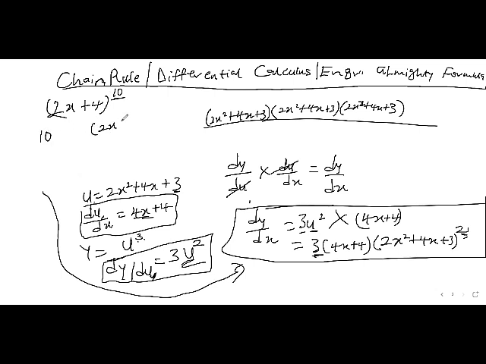Then we'll subtract 1 from the power, which will be 9. Then the last step is to differentiate this inside function. Differentiate this inside function, you get 2. So the final answer will be 10 times 2, that's 20, 20x plus 4 raised to power 9. Just like that. Very, very simple.